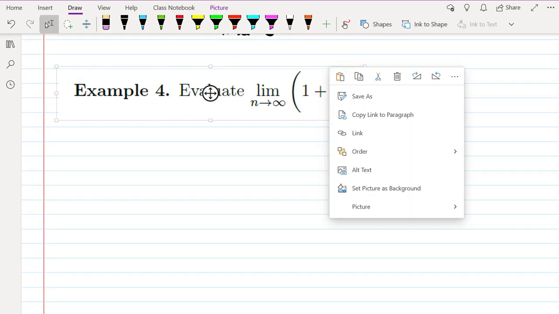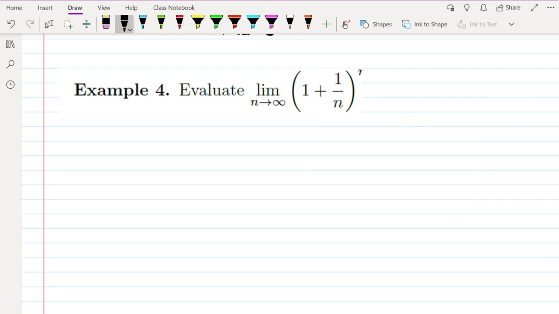So we have the limit as n goes to infinity of 1 plus 1 over n raised to the nth power. So this is going to be type 1 to the infinity, because on the inside 1 over n goes to 0. So the inside goes to 1, and the n on the outside goes to infinity.